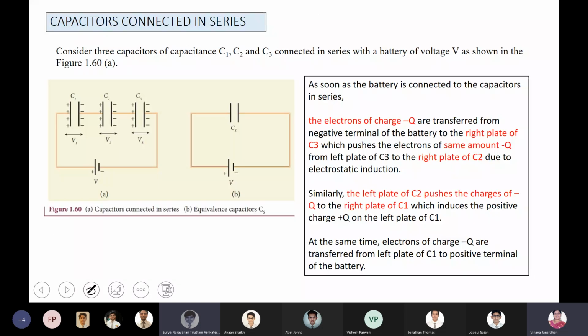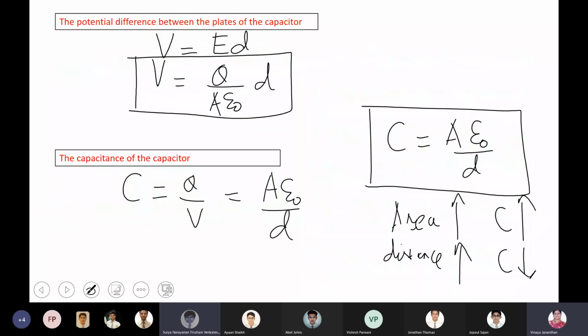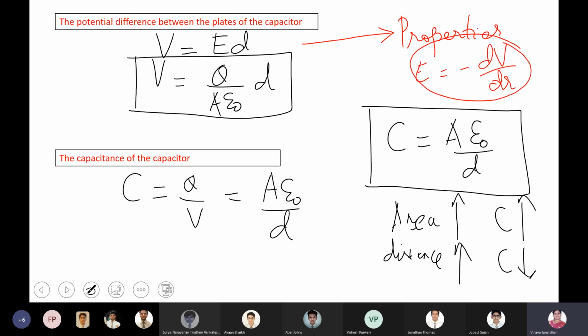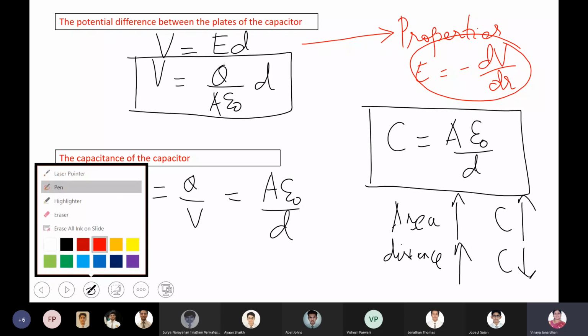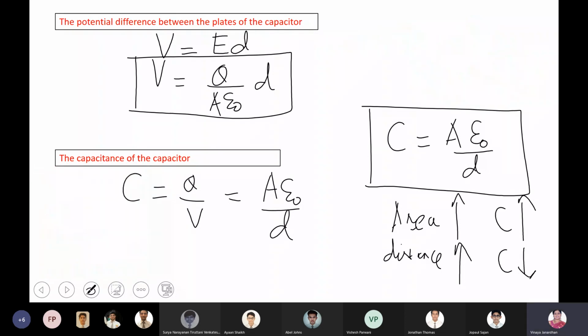Potential difference between the plates. This comes under the properties of your electric field. That is E is equal to minus dV by dr. This we'll do at the end, because these are all the theoretical part.